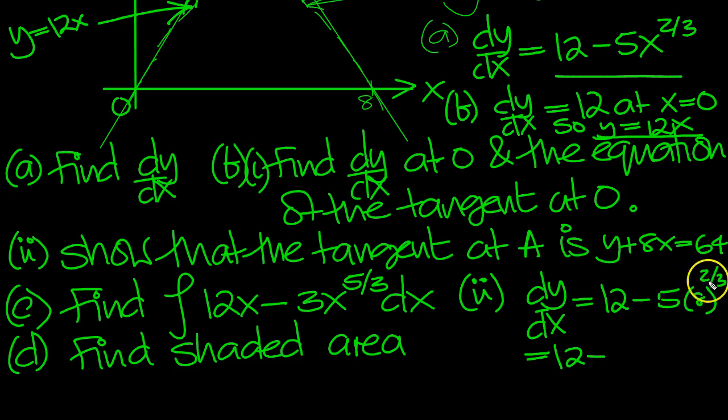You can tap it in the calculator if you want. So this works out to be 4, 5 fours are 20, so it's minus 8. Negative steep slope, which is what we would have expected.